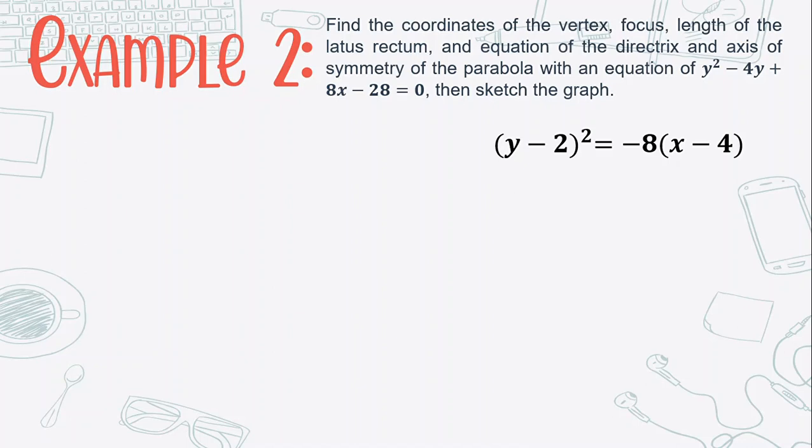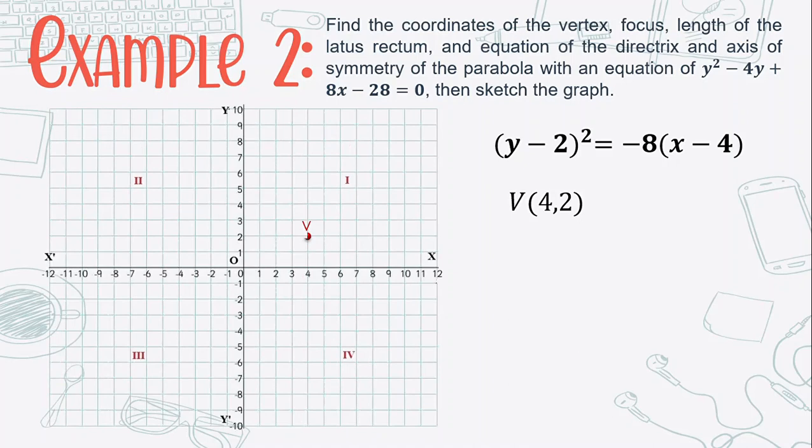In this case, the expression with the x variable is x minus 4. Therefore, the x-coordinate or h is positive 4. And for the y-coordinate or k, we have y minus 2. Therefore, k is positive 2. So the vertex is at positive 4, positive 2. Now, we can plot the point for our vertex, again positive 4, positive 2.